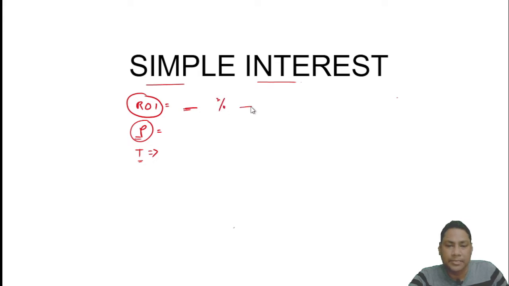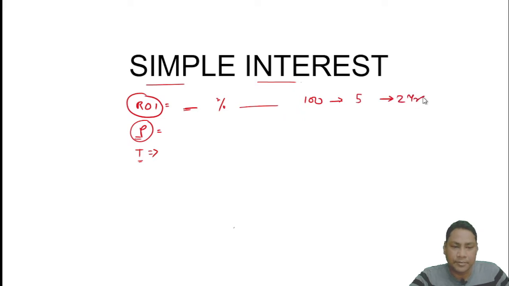The meaning of rate of interest in percentage is, if anybody has given or taken 100 rupees at a certain rate of interest, say 5% for the time of 2 years, then the interest becomes 5 into 2, that is 10%, and 10% on 100 rupees means 10 rupees.